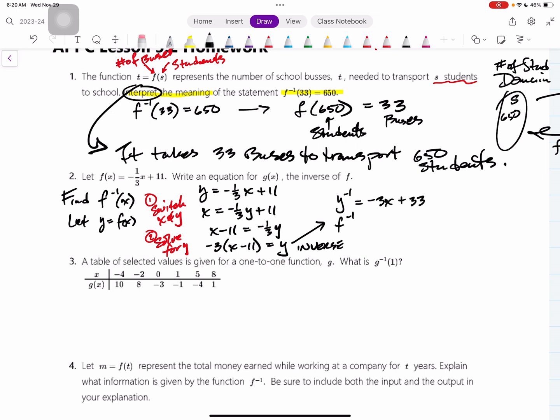The other customary way to write it is f inverse of x. Remember, we don't say to the power of negative 1; that is not the way we do it. We say f inverse, or the inverse of f, but usually people just say f inverse to make it simple. So f inverse is negative 3x plus 33.